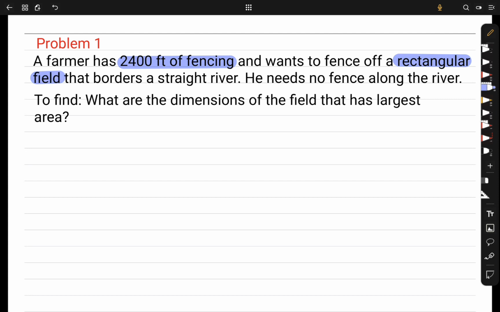So for the illustration, so if there is a straight river here, so the river here, we're going to fence the corner.